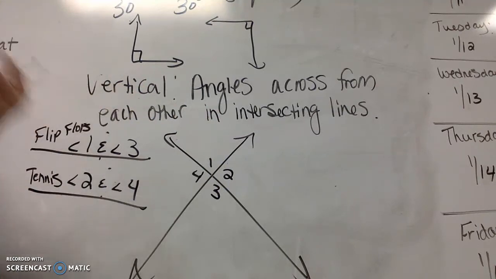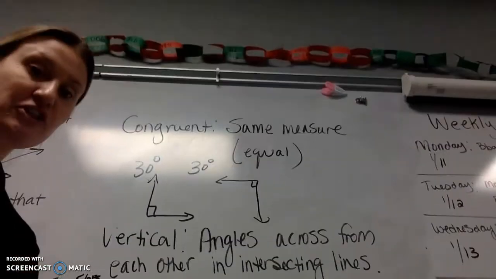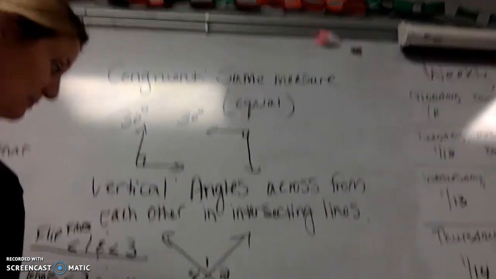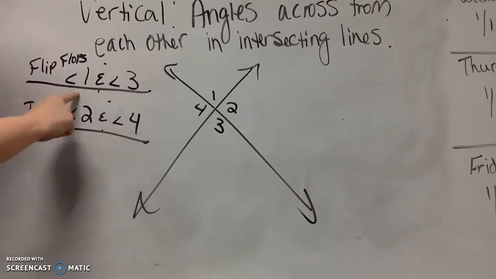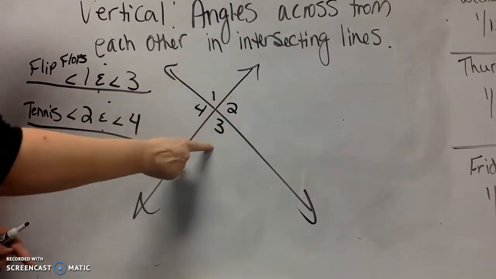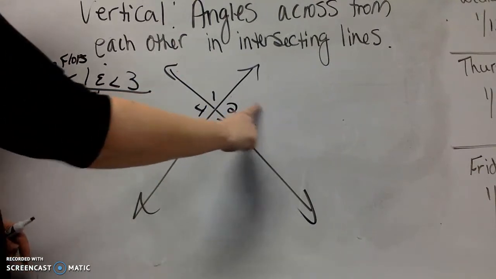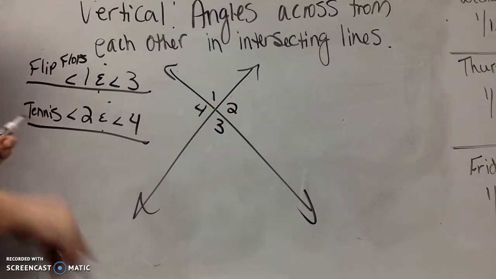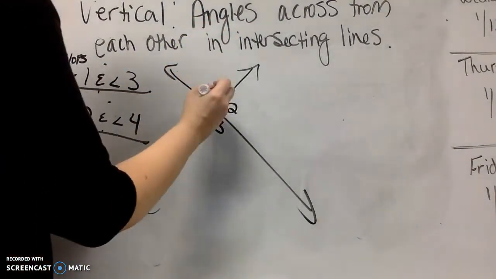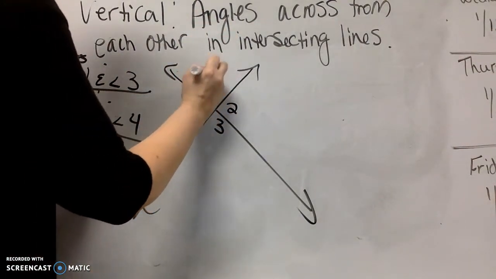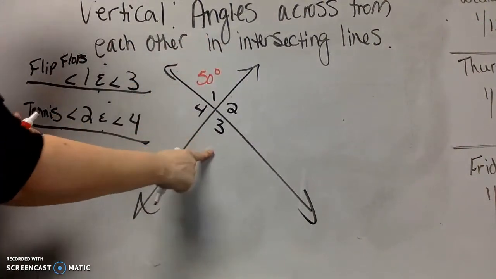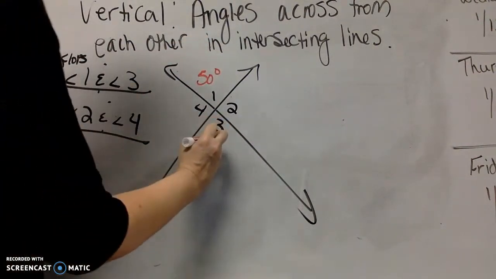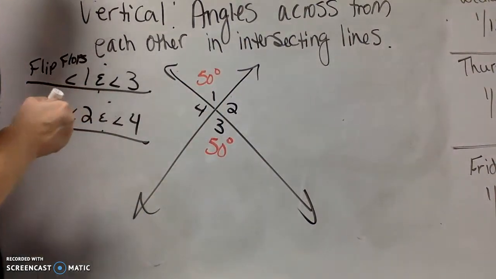Okay, now what's important about this is vertical angles are congruent. They're the same. That means since angle 1 and 3 are vertical, they are equal to each other. And since angle 2 and 4 are vertical, they are equal to each other. So if I tell you angle 1 is 50 degrees, that means you know angle 3 is also 50 degrees.